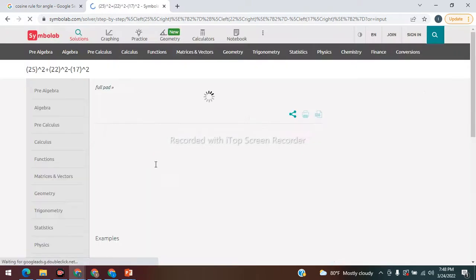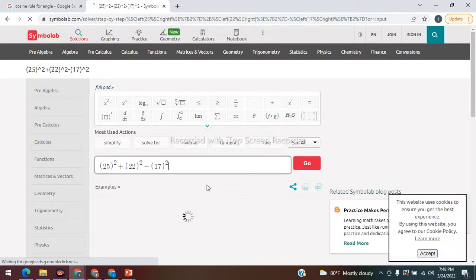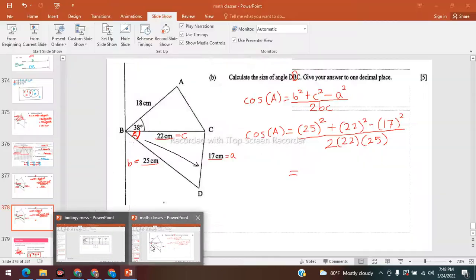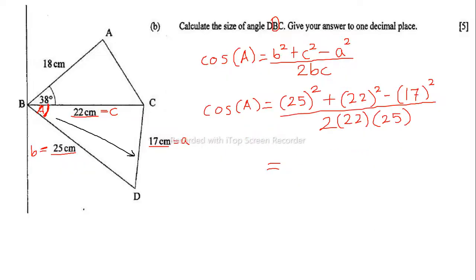So we get 820 at the top. At the bottom, 22 times 22 times 25.